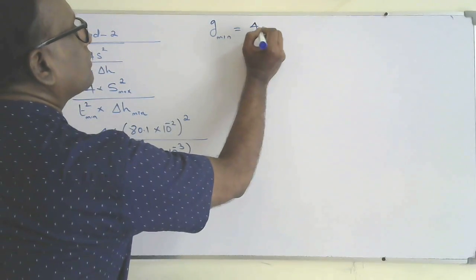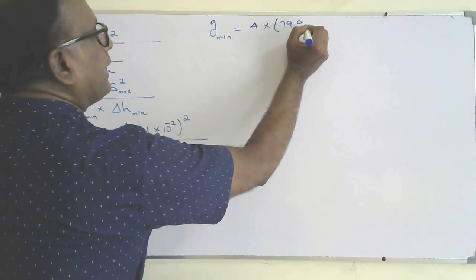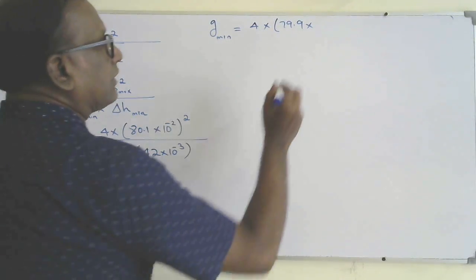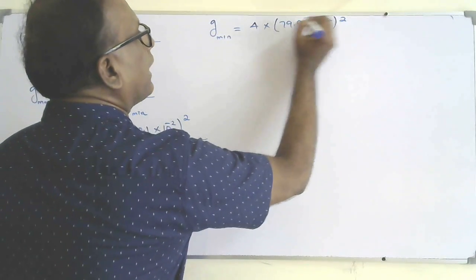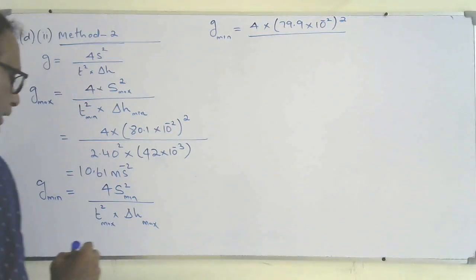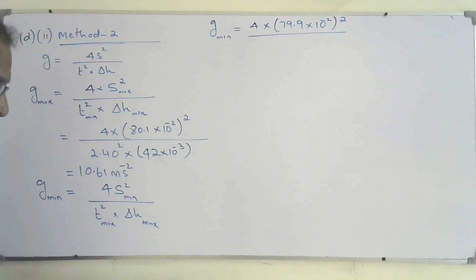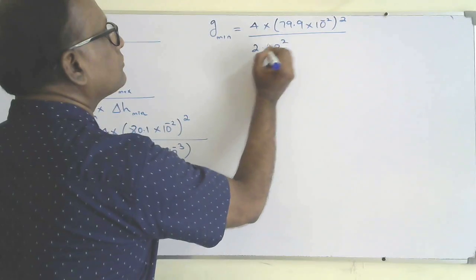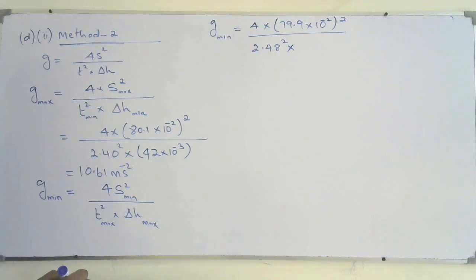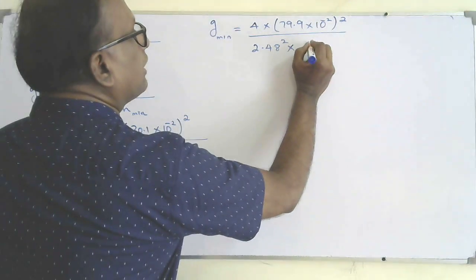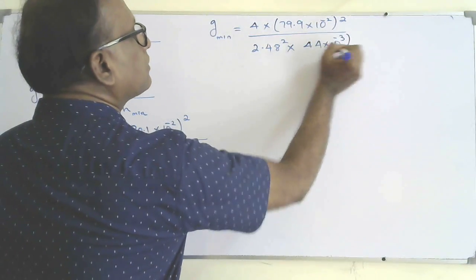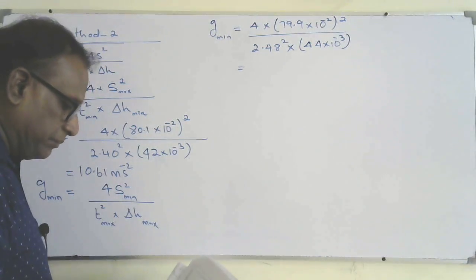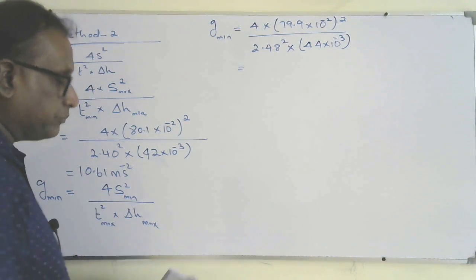So 4 into 79.9, converted to meter, so 10 to the power minus 2, all squared, divided by T maximum, that will be 2.44 plus 0.04, 2.48, into delta H maximum. That also you should add, 43 plus 1, 44, convert to meter. Solve it, you will get G minimum, that will be 9.44.